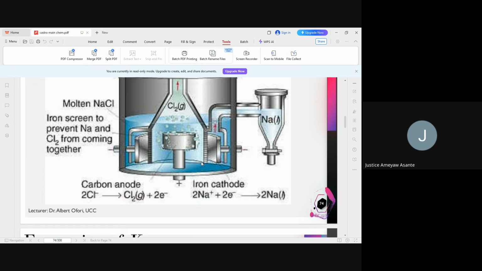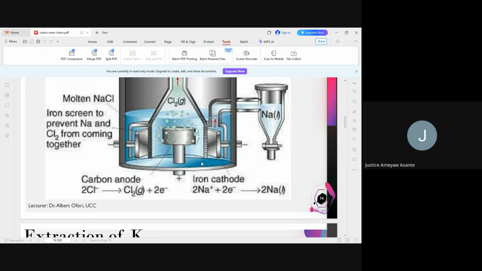When the sodium chloride is in the molten form, it stays as ions, sodium ion and chloride ion. When electricity passes through, it separates and sodium migrates towards the negative pole. Then the chloride migrates to the positive side.